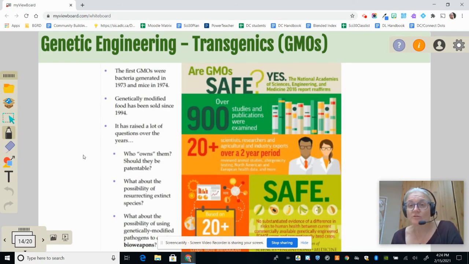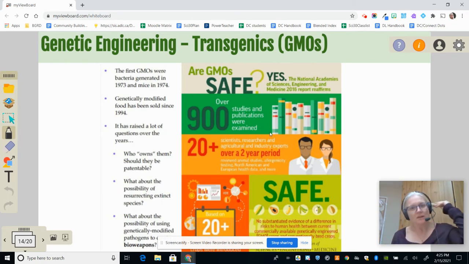So there's a lot of controversy around GMOs, and it's constantly in the news, and it's good to be really interested and inquisitive about this idea because it seems so foreign. This infographic is asking, are GMOs safe, and it says yes. This refers to a report that looked at over 900 studies and publications.